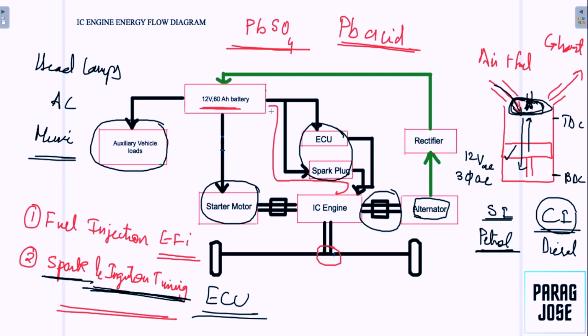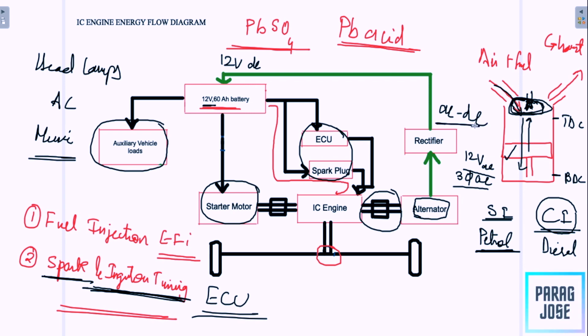But we know that the battery requires DC power, and since the voltage is 12 volts, it will be 12 volt DC. This power therefore has to be converted from the 12 volt AC at the output of the alternator to DC, and for that we'll be using a rectifier unit which will be doing the AC to DC conversion.